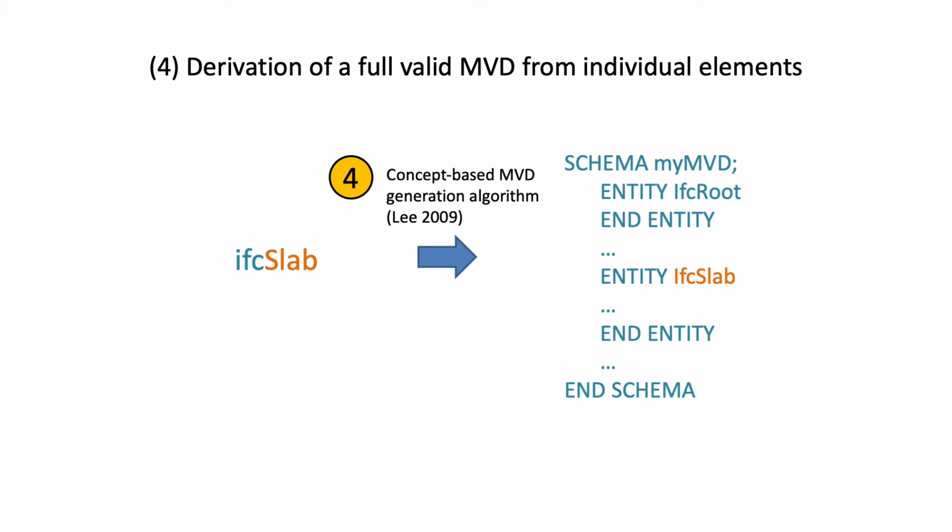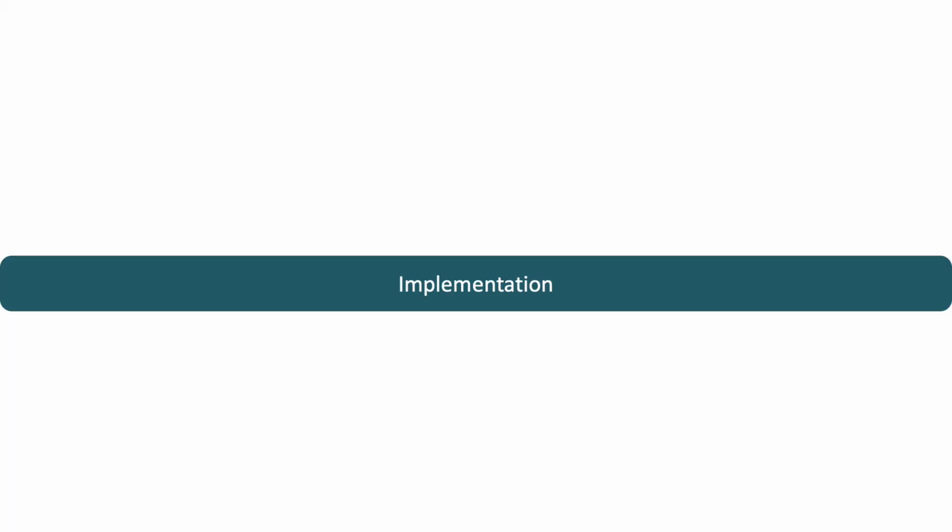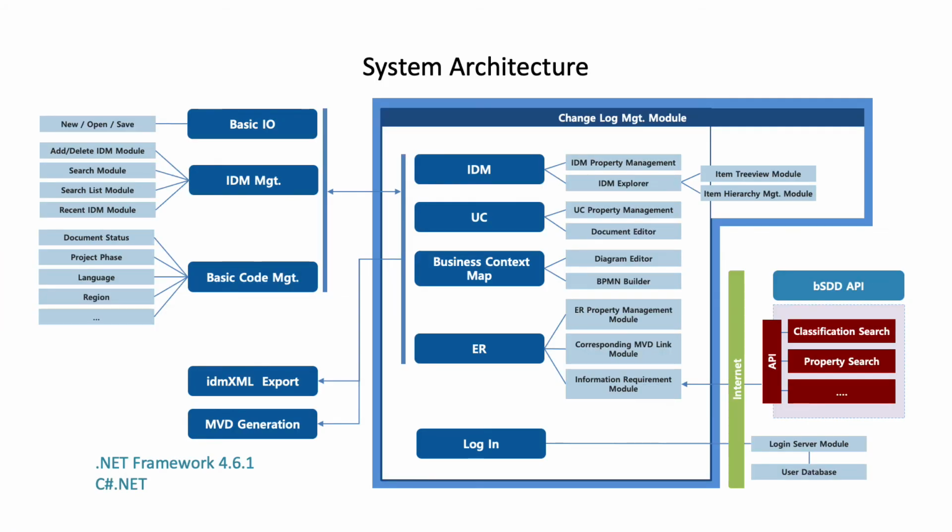The last step is the same as the previous one. Using the selected IFC entity, we can generate a full valid MVD using the concept-based MVD generation algorithm. Implementation. These proposed methods were implemented as a system, XPPM Neo, Extended Process to Product Modeling system.